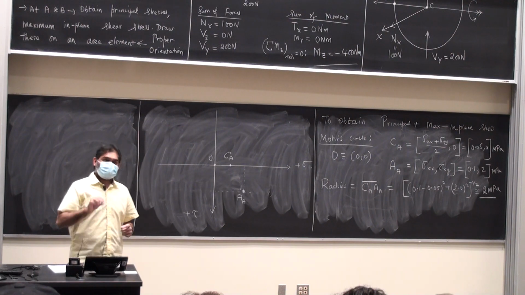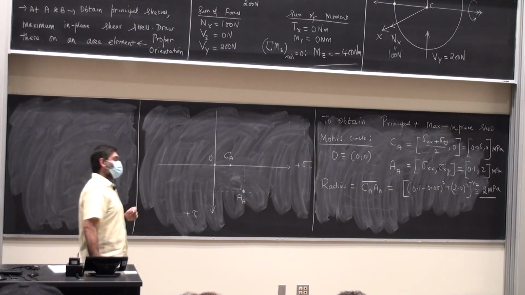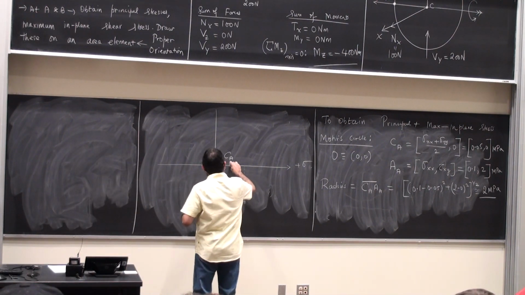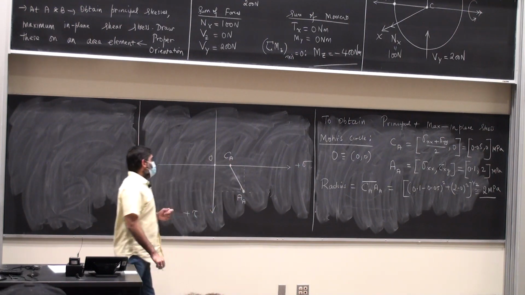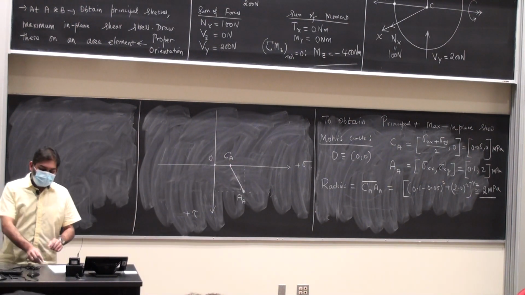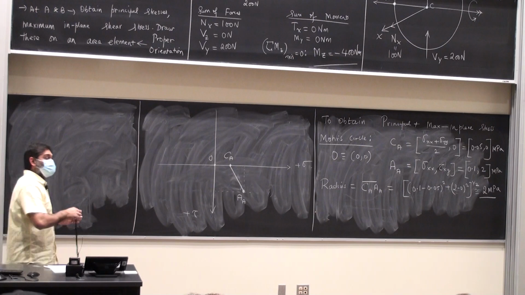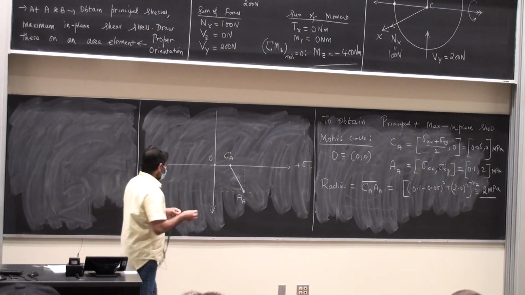Then you draw the radius, which is from point C to point A. Draw a straight line. That's going to be my radius, and then using point C as the center, you draw the Mohr circle.